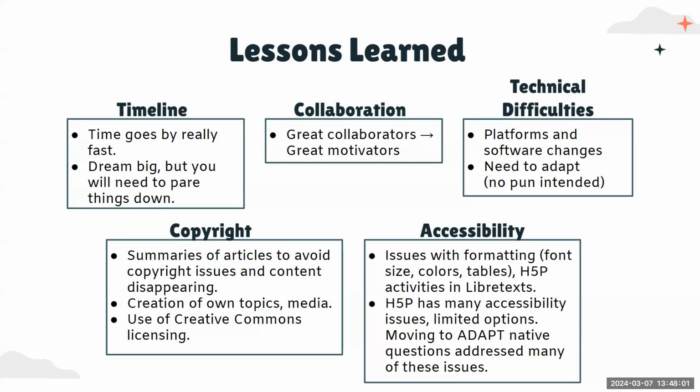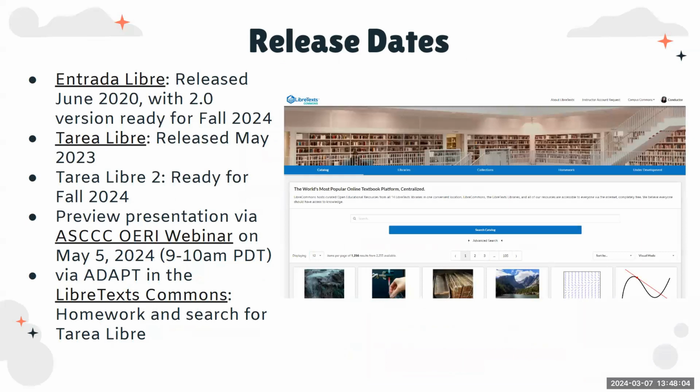So yes, next slide. Release dates. For Entrada Libre, you can go and find the first version. We are going to come up with a version 2.0 that would align with the current project, Tarea Libre 2. So the chapters will match, and there were a few gaps in terms of content, so we're going to fill those gaps.